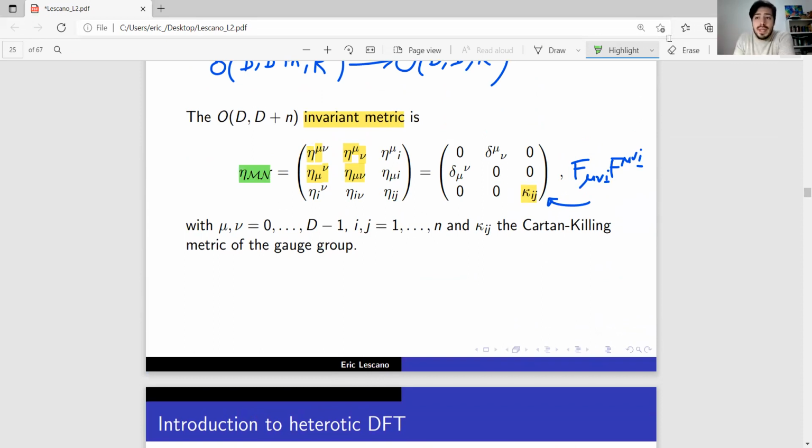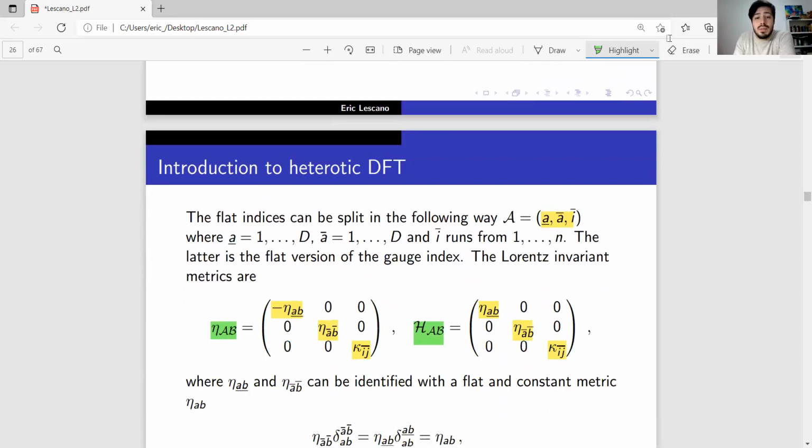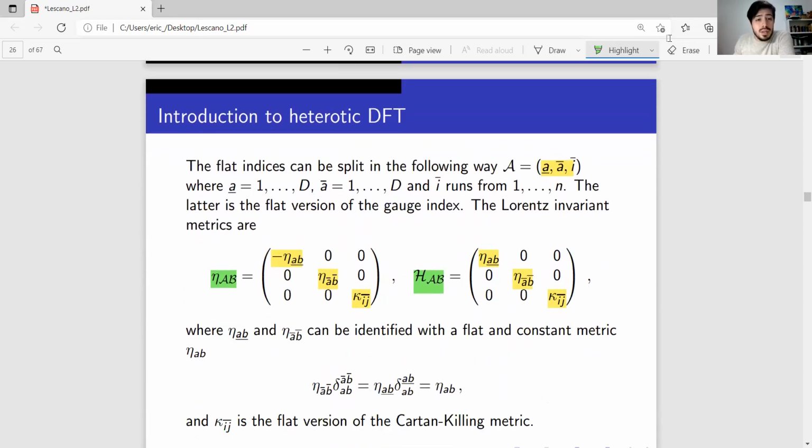So we have 3 invariant and constant metrics. We have this eta with curved indices, this other eta with flat indices, and this H metric with flat indices. This is not the generalized metric, this is just an invariant metric. These 2 metrics are invariant under the double Lorentz group. In double field theory, we have a double Lorentz group, and these metrics are invariant under that group.